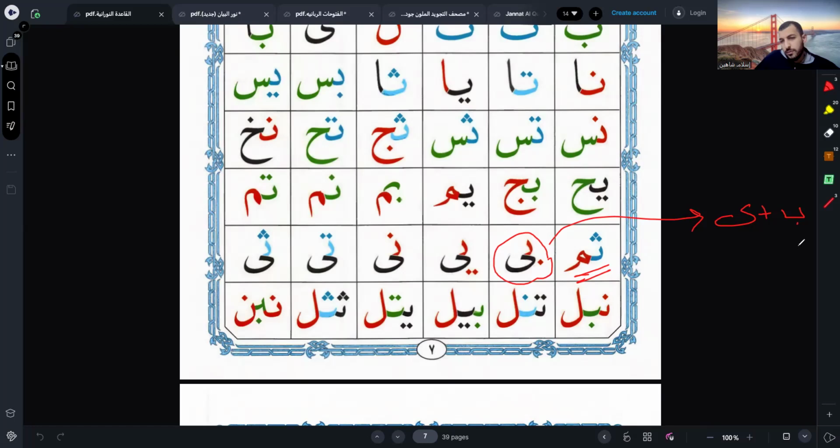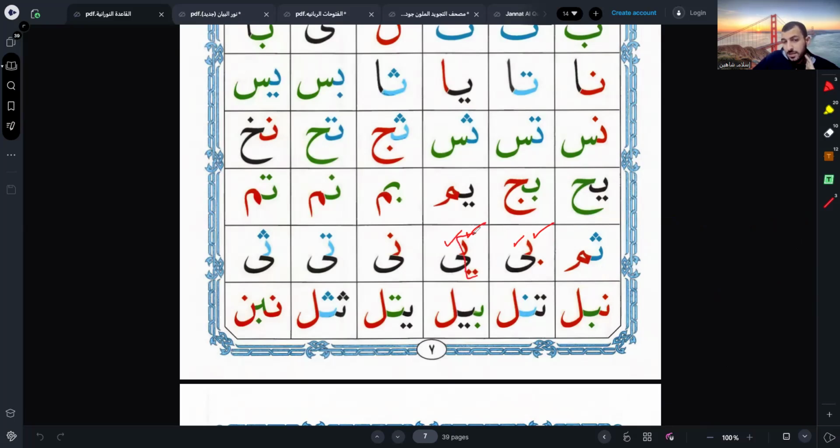So if we would connect them together, it's gonna be like this, or gonna be like this, or like the one that we have here, okay? Anyways, we have 1 tooth with dot beneath and the ya here. The same, we have ba, ya, ba, ya. Okay. So this is gonna be ba, ya, ya, ya.